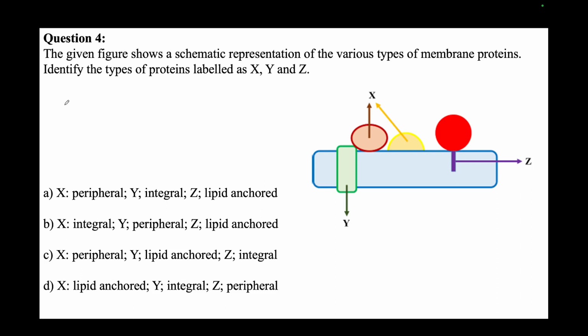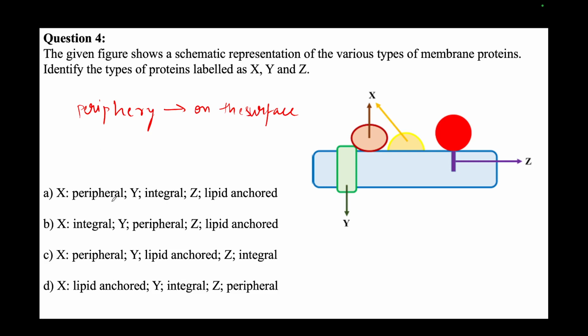Where is the peripheral protein? What do you mean by periphery? Periphery means on the surface, right? And integral means it is embedded inside. So periphery means on the surface and integral means it is embedded inside.